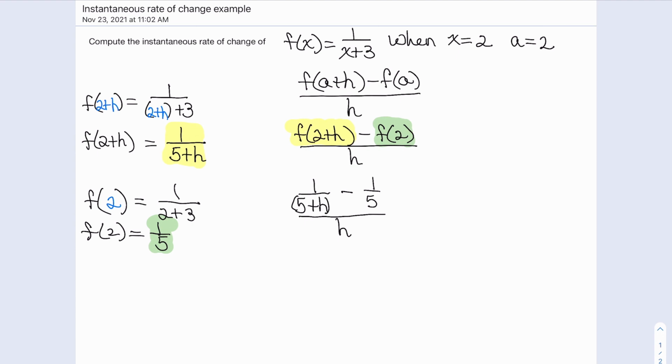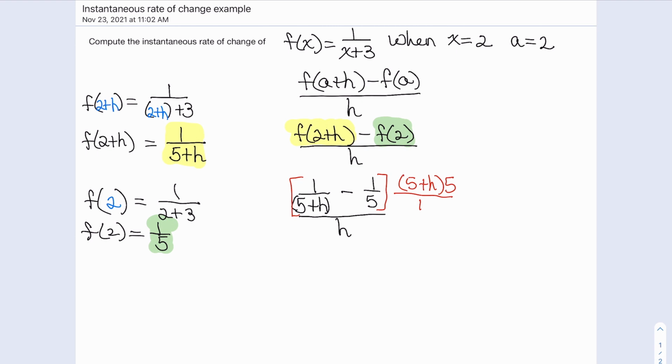So there's a grouping of 5 plus h, and then the other denominator is 5. So my lowest common denominator of the fractions in the numerator is 5 plus h times 5. And I want to multiply the numerator by that 5 plus h times 5, and then think of that over 1 so that you can see how to multiply it through.